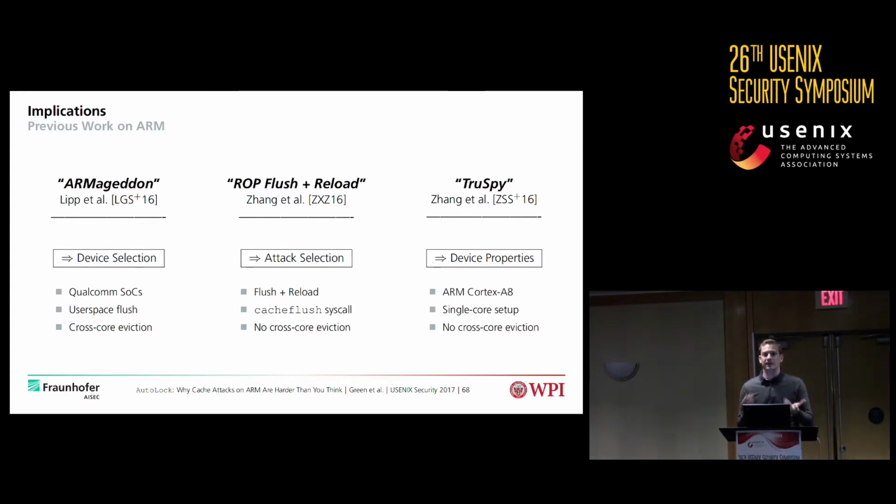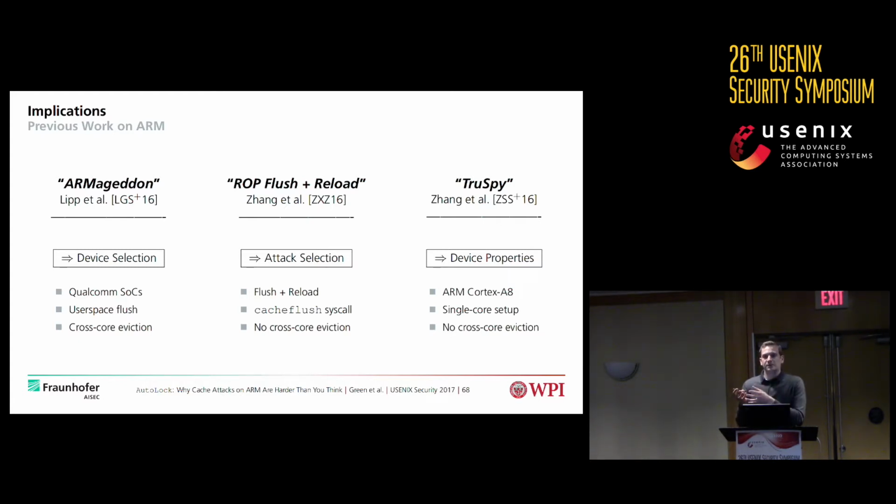First of all, device selection is very important. The Armageddon paper, for instance, at last year's USENIX, had one test device which was a Qualcomm Krait 400, which we think simply doesn't feature AutoLock. Or there's yet another device where they just were able to use the flush instruction.